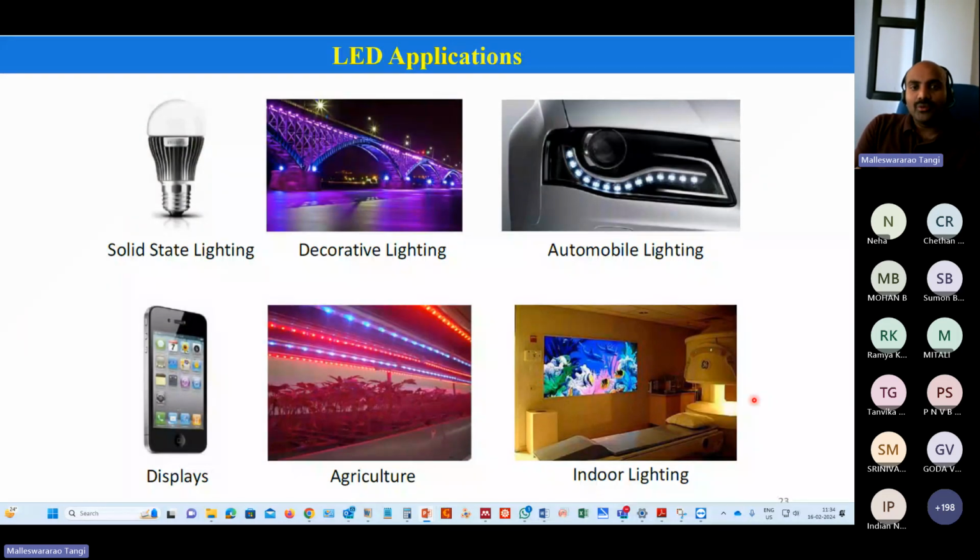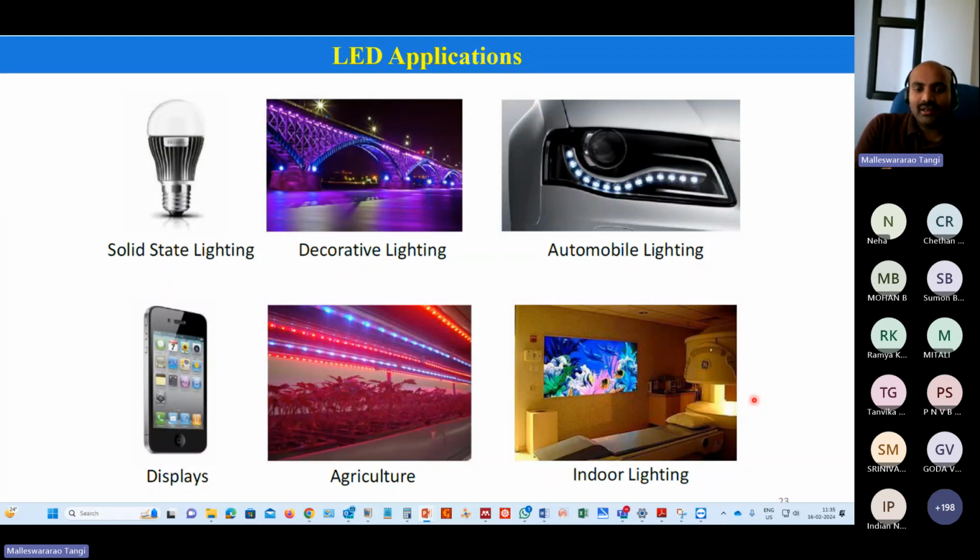We all know that LEDs have several applications, like solid state lighting for decoration. Also, car headlamps nowadays use very high luminescence LEDs, and LED displays, and they can be used for agriculture as well.